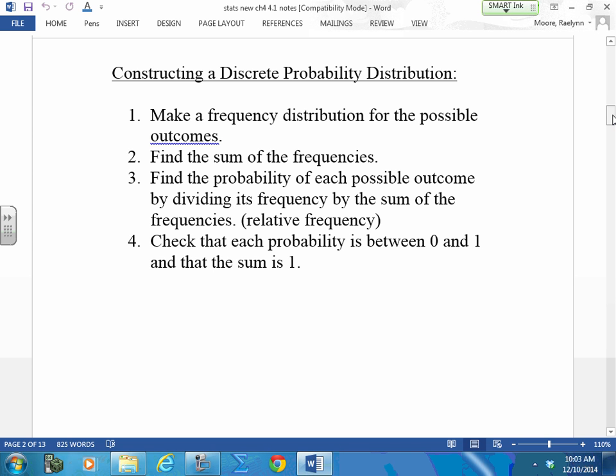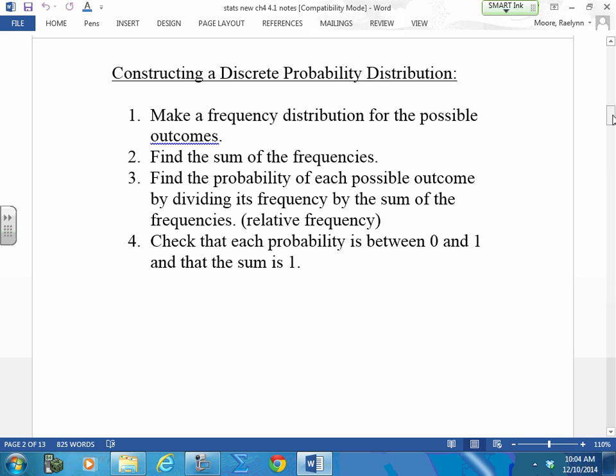So we're going to construct a probability distribution. I'm on page 192. I think I put this in your notes too, right? Constructing your distribution. I tried to give you the basic part so that you can expand on those. Basically, you make a frequency distribution. Isn't it like your relative frequency, part over whole? So you're making a frequency distribution, you're finding the sum of all your frequencies, and you're taking each one and dividing it.